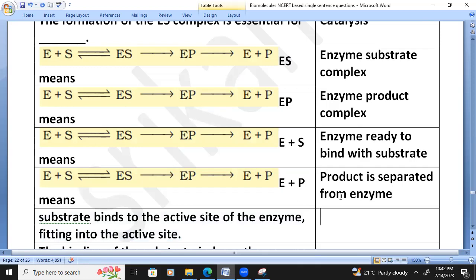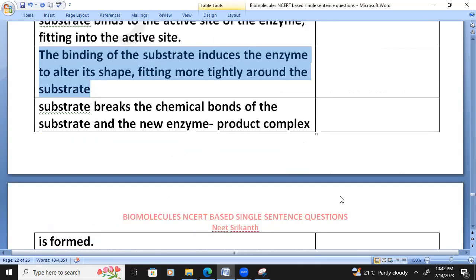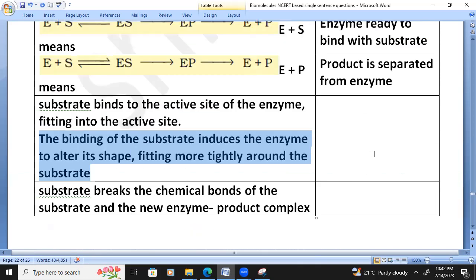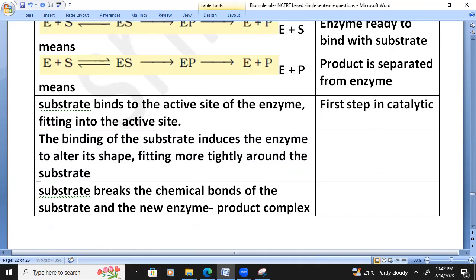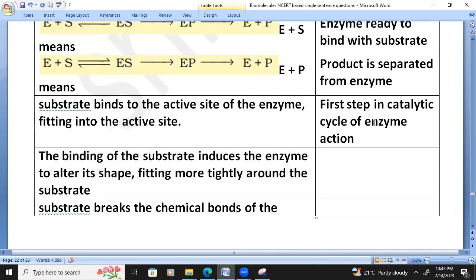Substrate binds to the active site of the enzyme, fitting into the active site. That is the first step in the catalytic cycle of enzyme action. The binding of the substrate induces the enzyme to alter its shape, fitting more tightly around the substrate.